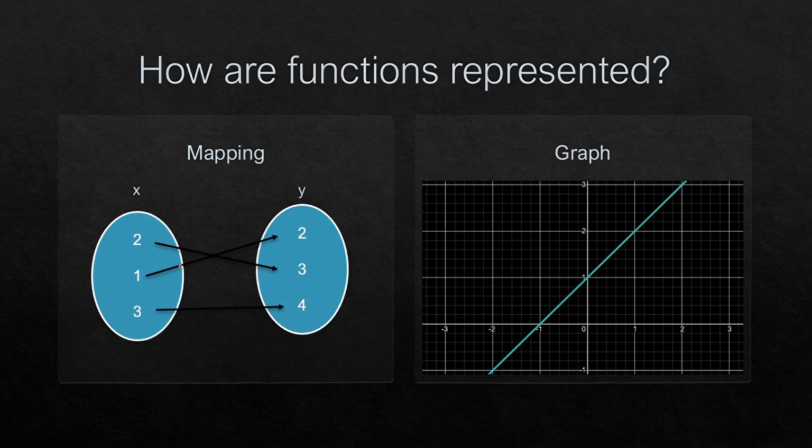For this time, you are to connect the x value to their corresponding y value, pa-connect siya dito using an arrow or a line. Parang dito 1, pa-connect siya sa 2, and 2 napunta sa 3, 3 napunta siya sa 4.